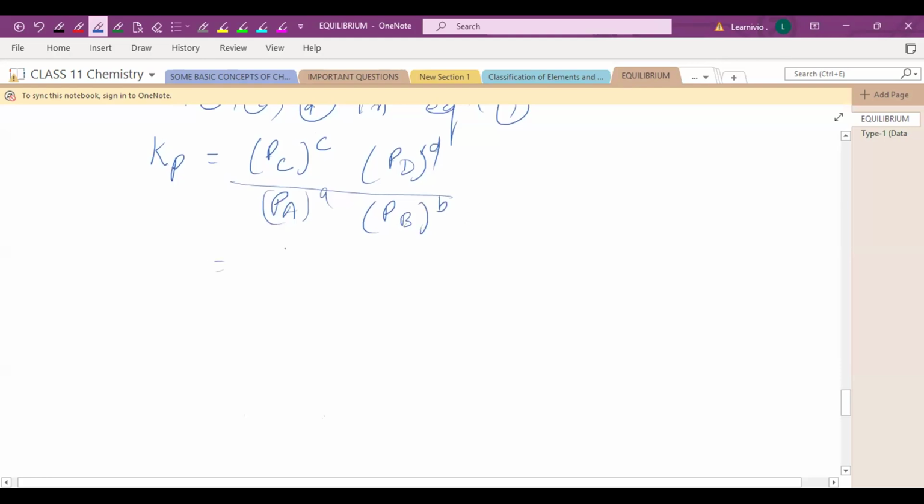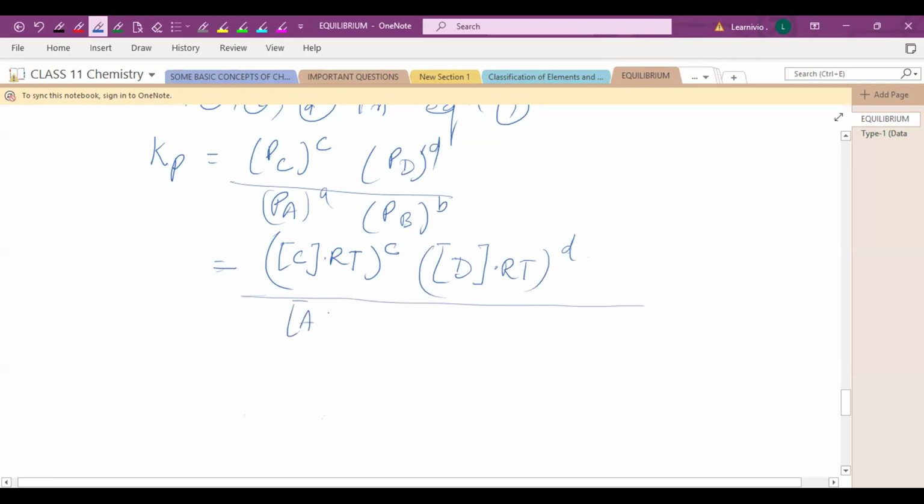What was the value of Pc? Concentration of C into RT, whole raised to the power c. Similarly, PD value: concentration of D into RT raised to the power d, upon concentration of A into RT raised to the power a, and concentration of B into RT raised to the power b.